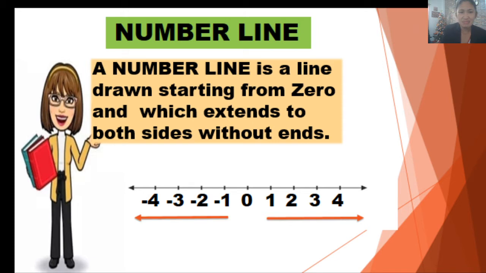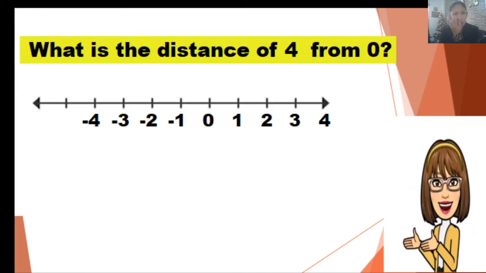And we will be using that to find the distance of a number from 0, or the absolute value of a number. So here, what is the distance of 4 from 0? From 0, let us count 1, 2, 3, 4.